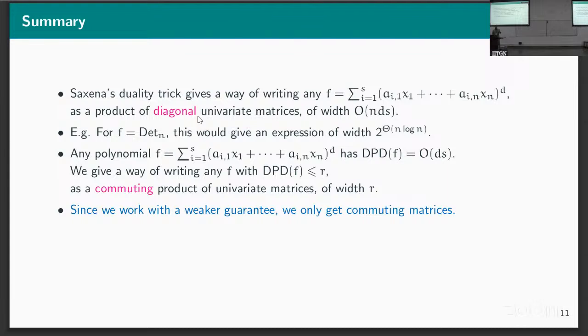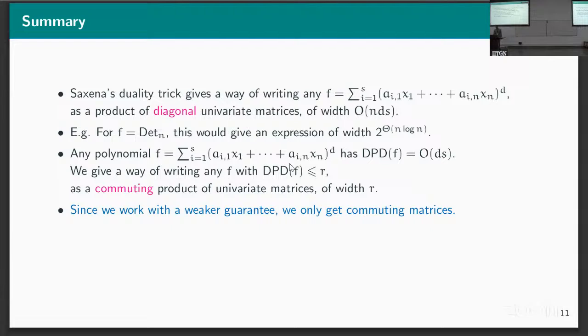As I said earlier, we work with a weaker guarantee. What do I mean by weaker guarantee? It is known that if your polynomial can be written as a sum of s many powers of linear forms, then it has small dimension of partial derivatives. The converse is not known.